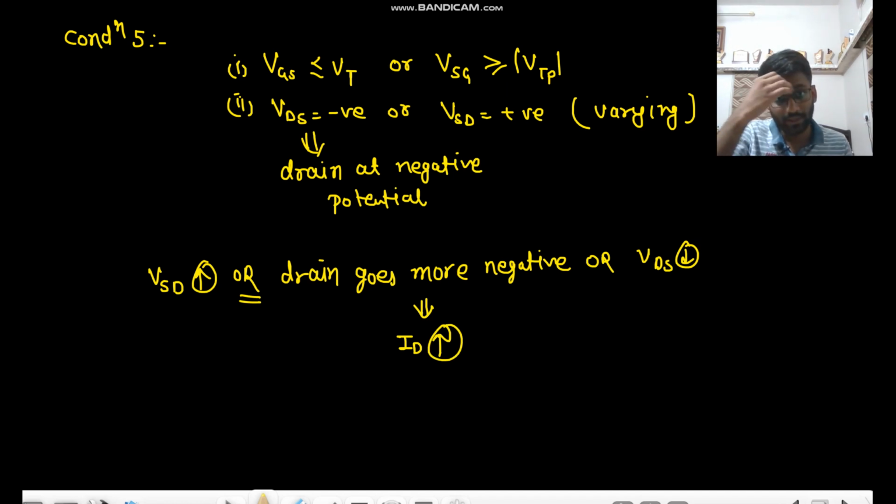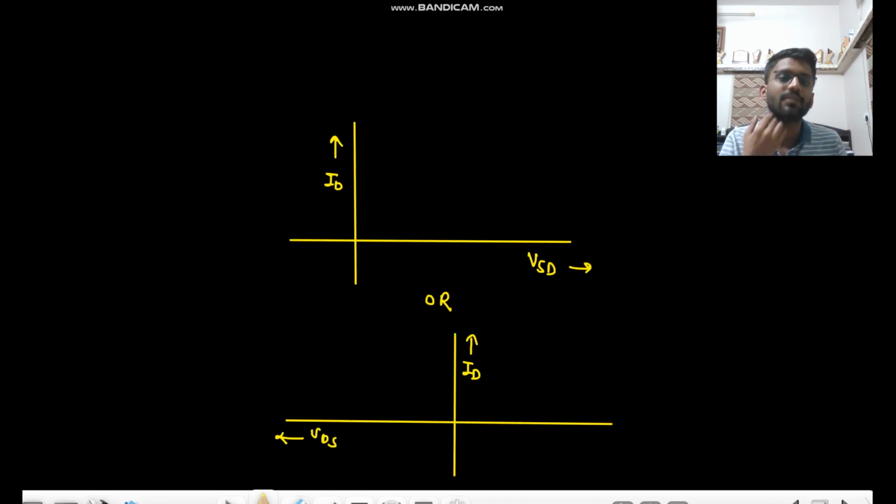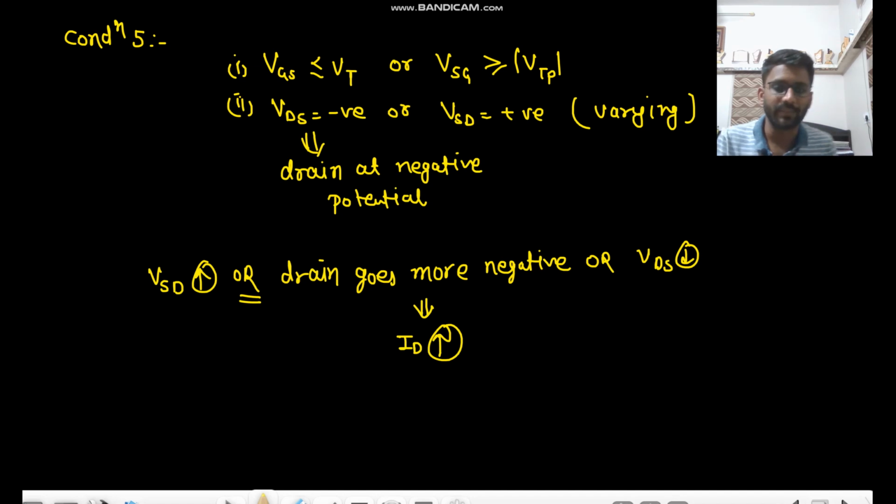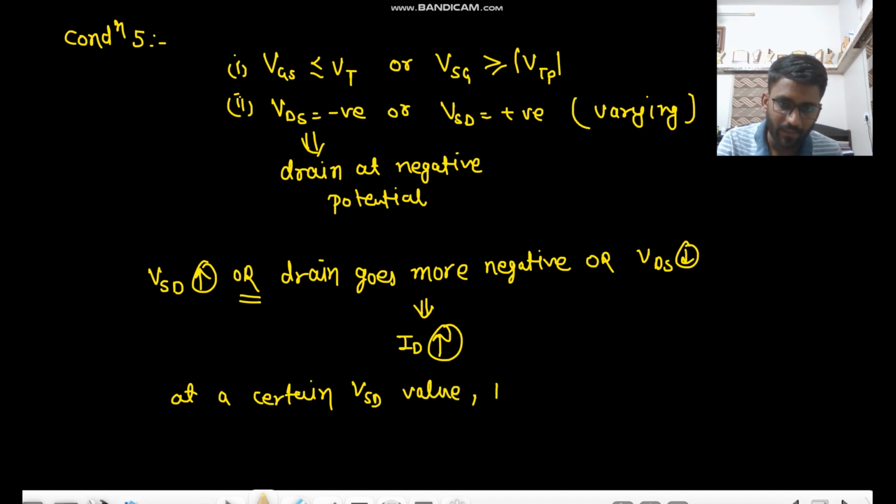So you can make the curve now. ID will increase, and at a certain VSD value, the output saturates. Why does it saturate?